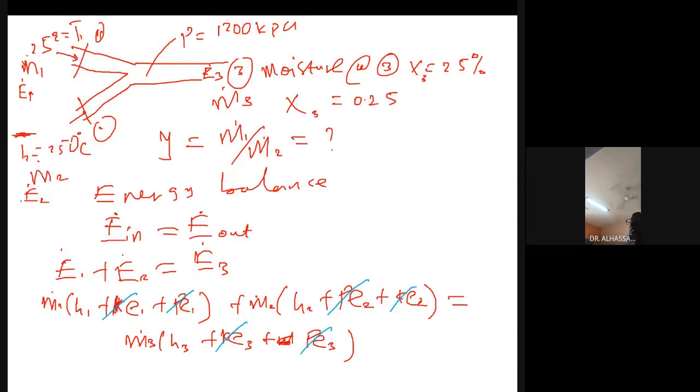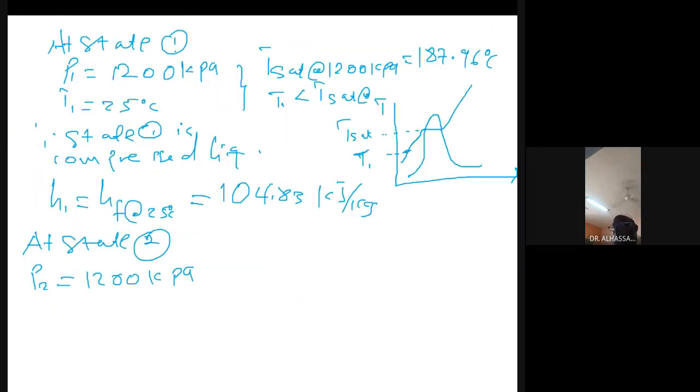The pressure which is given is common to all the states. State 1, state 2, state 3, the pressure is the same everywhere. So that's a uniform pressure. So now we need to determine T2, which is 250 degrees Celsius. So using these two properties, we have to find H2.